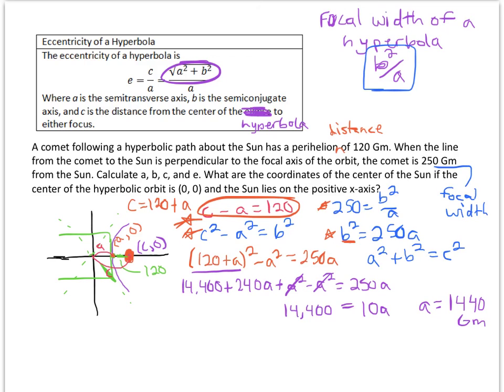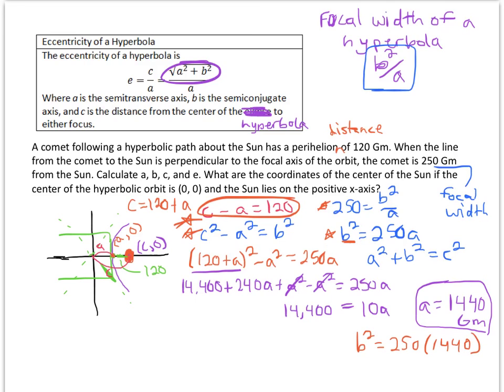In the problem, it asks us to calculate a, b, c, and e. So here's a. For b, I'd plug that back in. So b squared equals 250 times 1440.